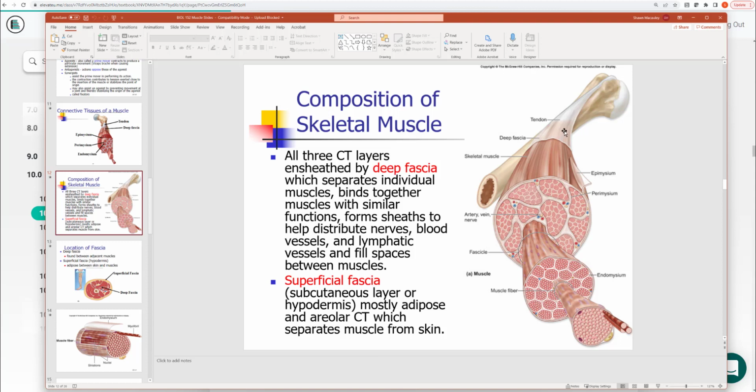We have the deep fascia, and then we get to the muscle itself. The muscle is surrounded by a layer called the epimysium. Within the muscle, there are fascicles. All right, it's circled here for us. This is a fascicle. It would be surrounded by perimysium. We see the muscles, nerves, and blood vessels traveling through here.